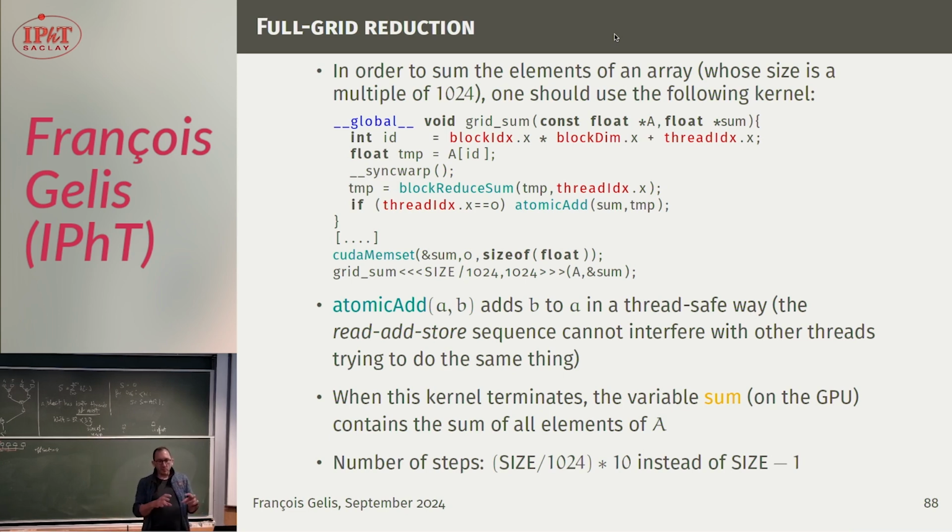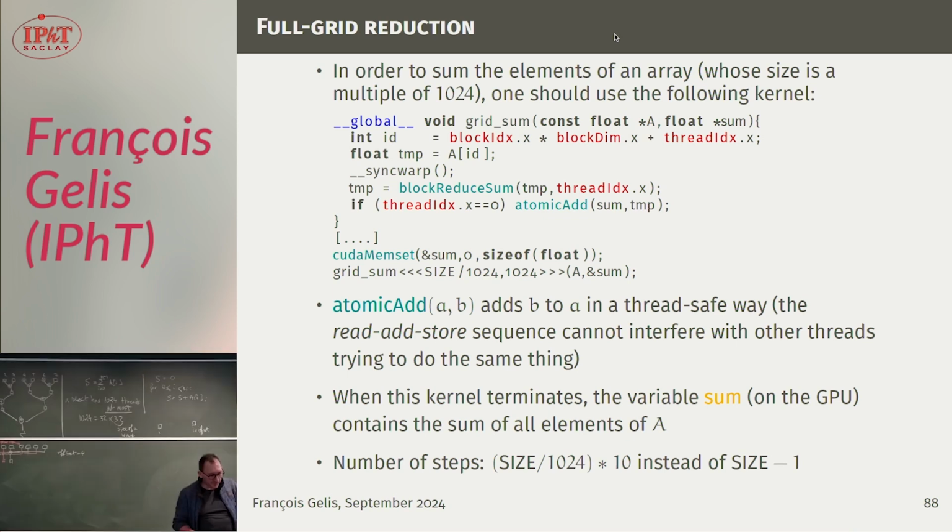You only have 1024 sums at the end that will be done sequentially. In the naive algorithm I showed before, the bottleneck was doing all the sums sequentially, 1 million sums. Here it's only 1,000, and it's still a bottleneck, but since there are only 1,000 of them to be performed, it does not have a big impact on the performance.